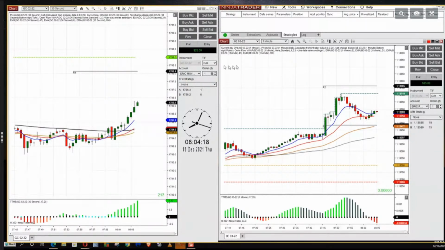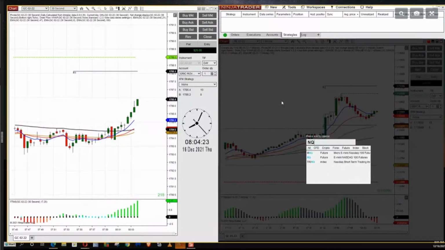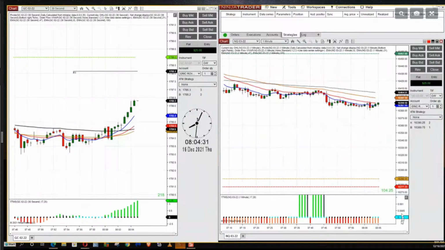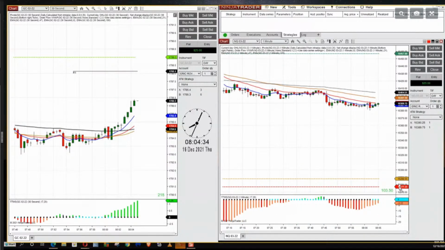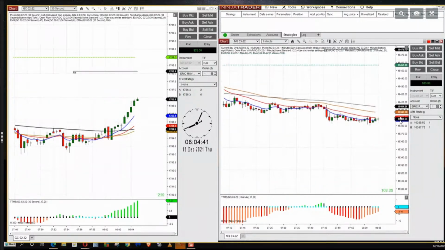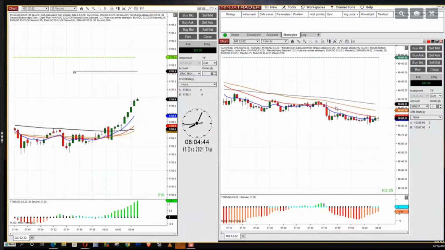Now, just for fun, I'm not going to trade it, but I know that a lot of people love the NQ on 8:30 news. So I'm going to watch the NQ on 8:30 news. I don't like my squeeze on this chart. I want to get rid of it.